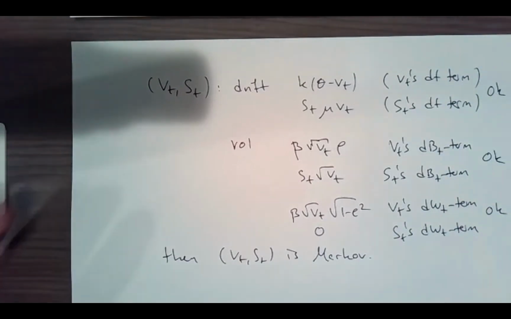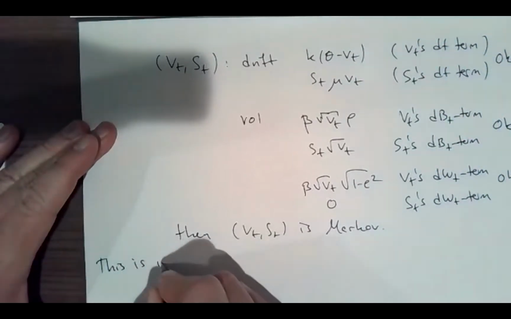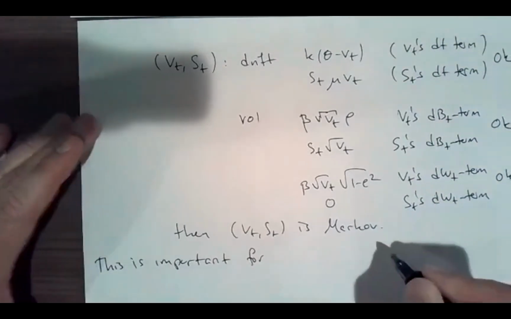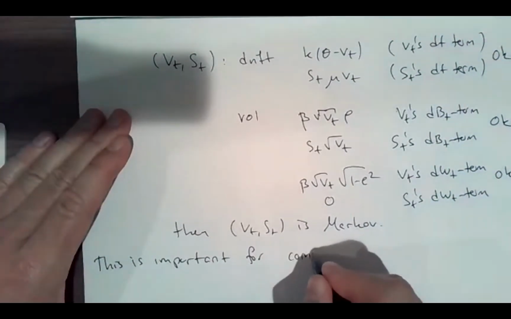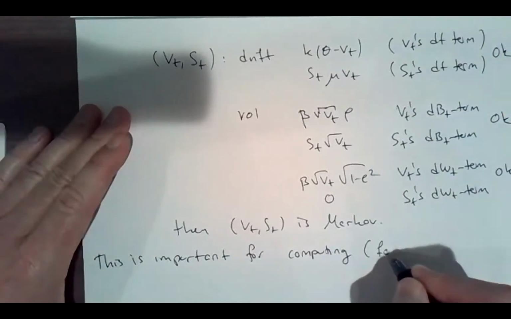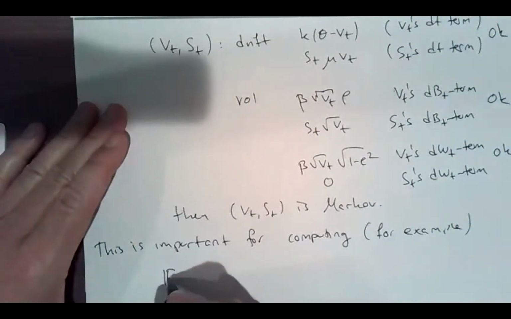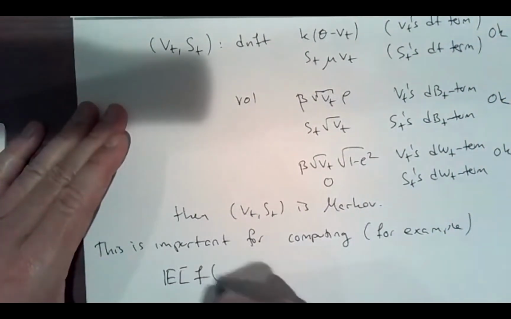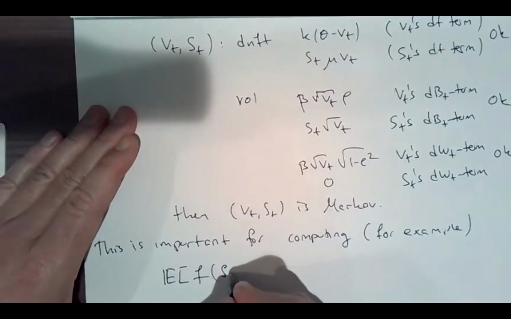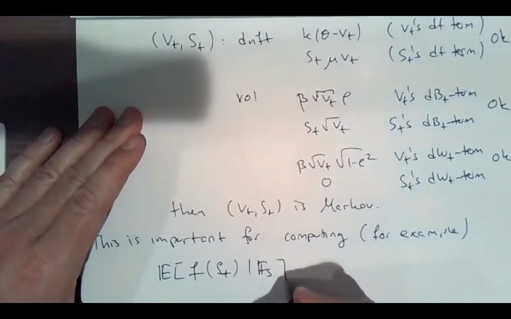I said where it becomes important is, so this is important for computing. For computing, for example, if you were to compute an expectation of a function of, say, ST, given, say, Fs.